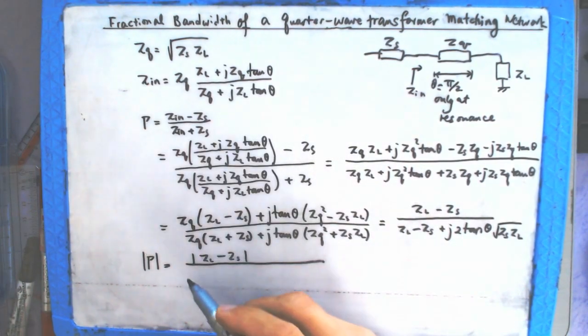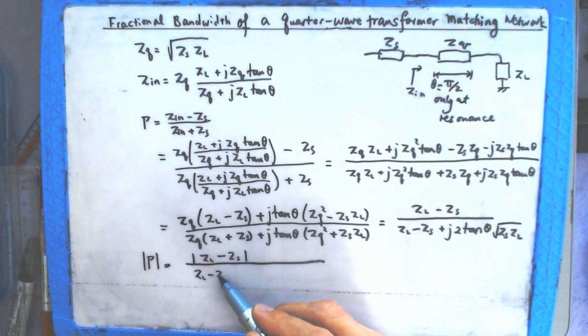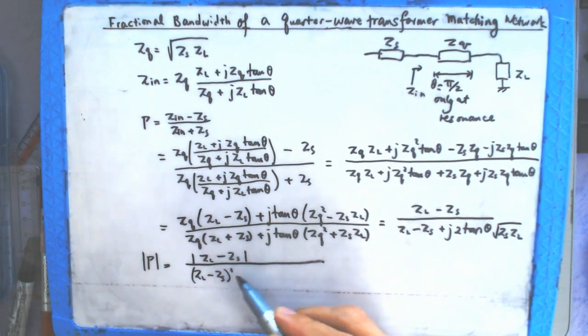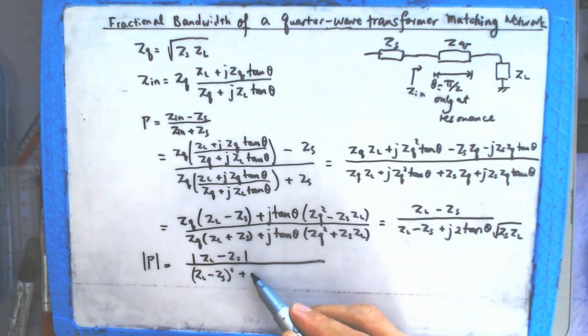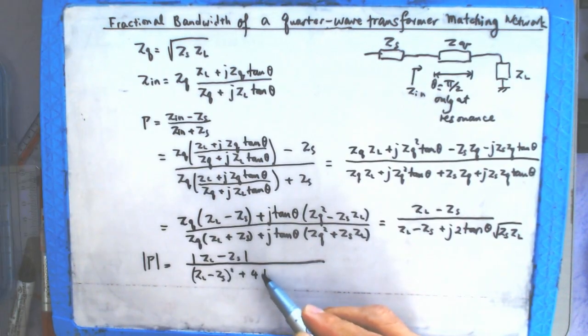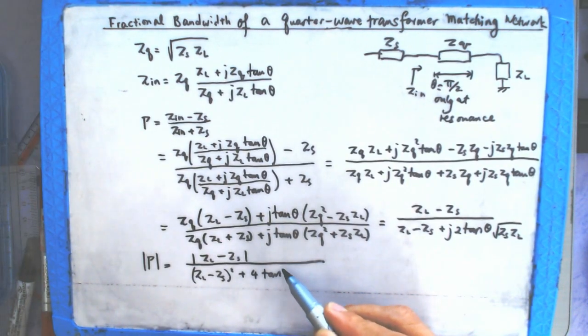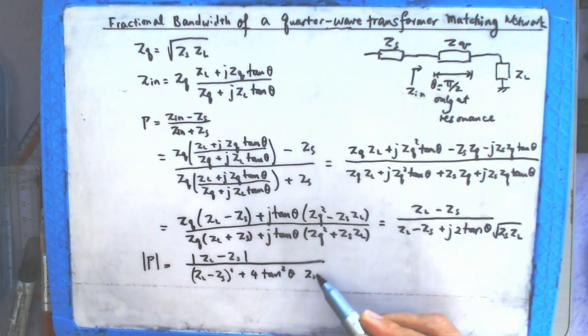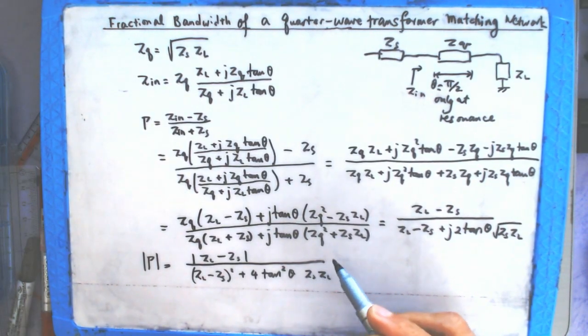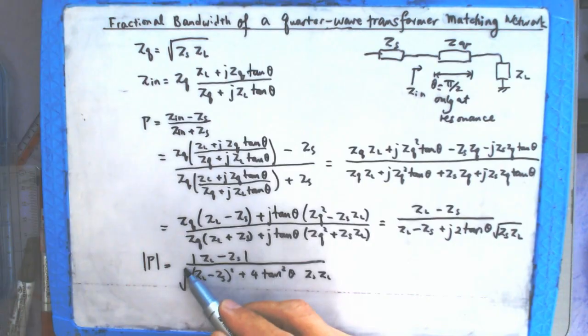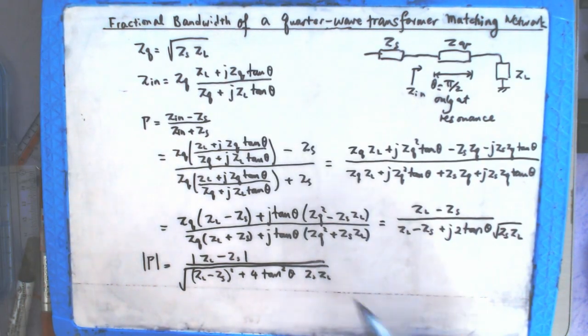So what we have here will be ZL minus ZS squared plus 4 tangent square theta ZS ZL, and then you just take the square root.